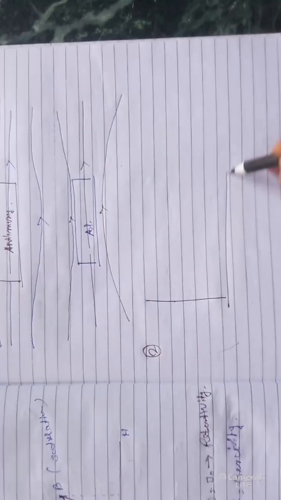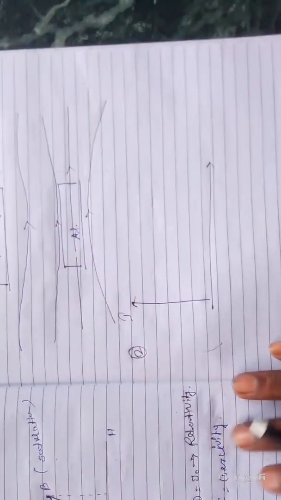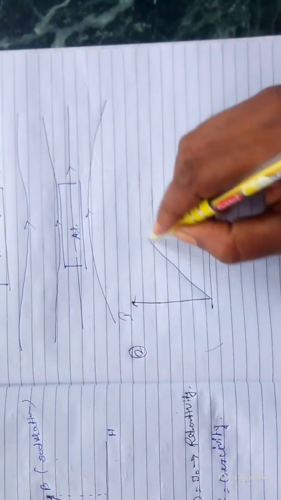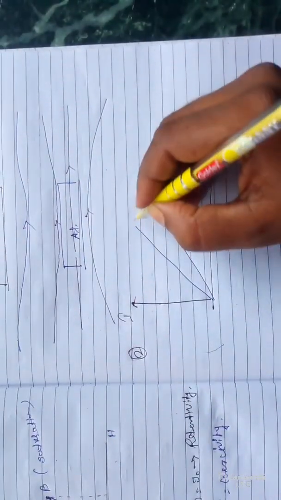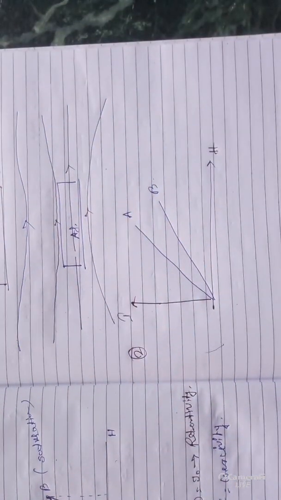So one graph is given to you. This is the J or I, you can write. An I versus H graph is given. I is the intensity of magnetization, and H is the magnetic field intensity. Applied to the two magnetic materials, the first one is this, the second one is this. This is A, this is B. Now you have to identify the magnetic materials.